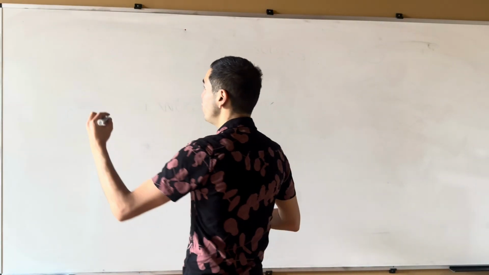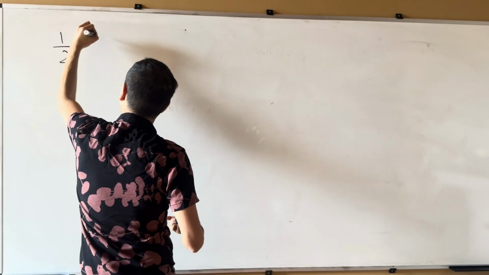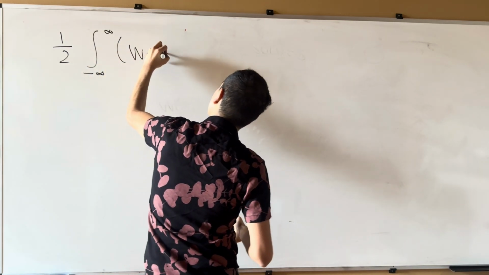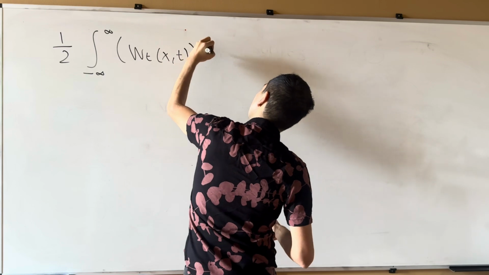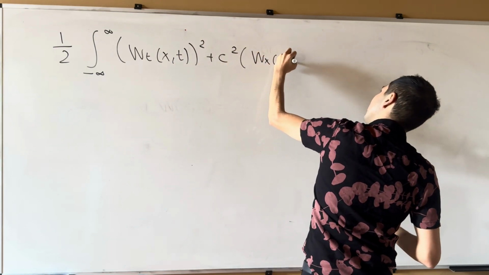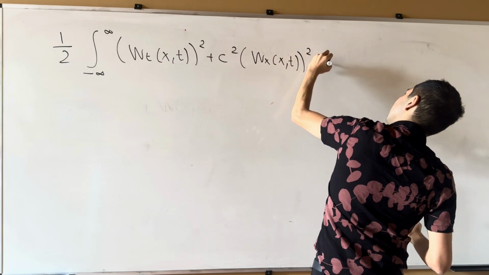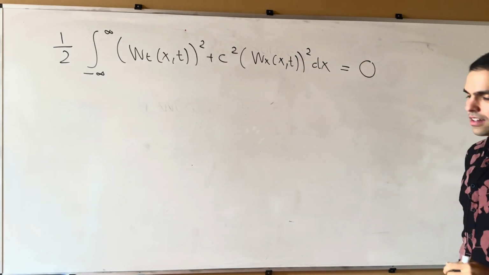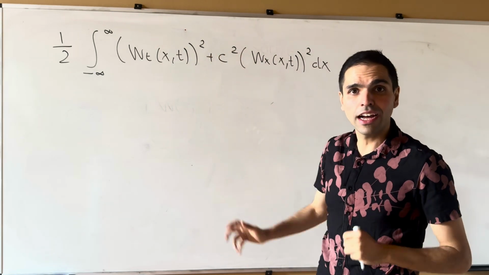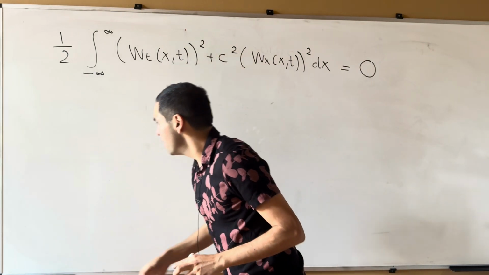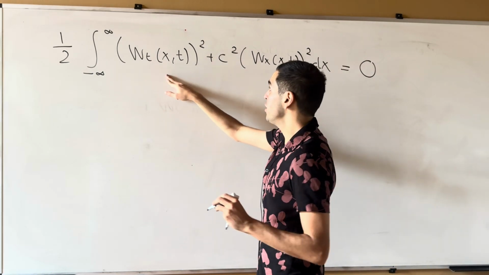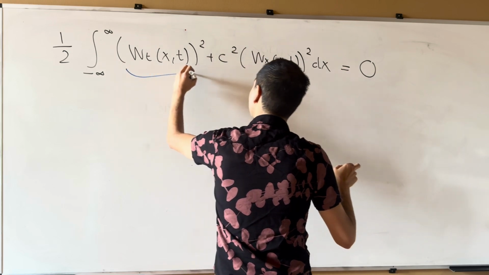So now what have we found? We found that 1/2 integral of W_t(x,t) squared plus c squared W_x(x,t) squared dx is 0. And the problem is there's some pesky integrals we kind of want to get rid of. But notice what we have: the integral of a positive function.